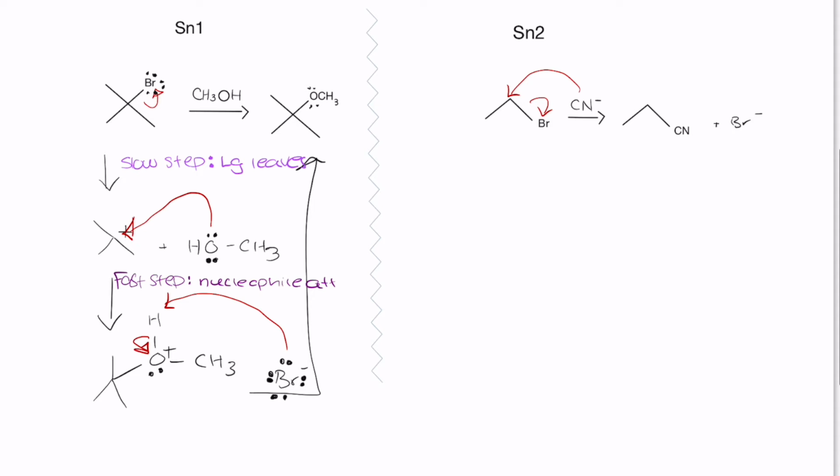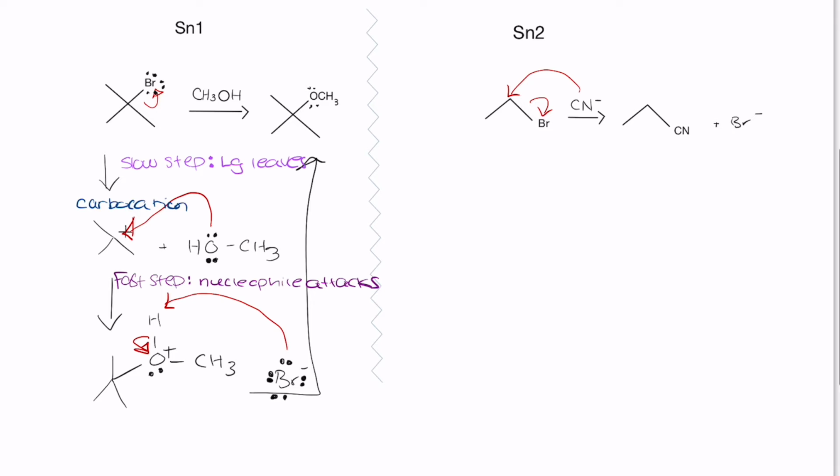Why do you think this step occurs faster than the first step? Well, if we think about it, in the first step, all that had to happen was bromine had to leave. However, everything was neutral here, right? In the beginning, all was neutral, and we had to wait for something to happen. And that was very slow, it took very long. But in the second part of the reaction, we had this carbocation.